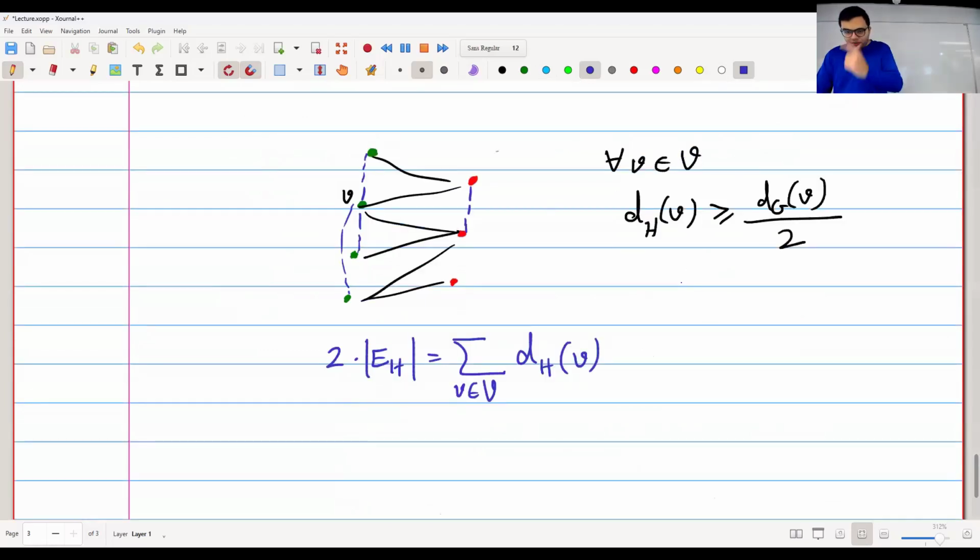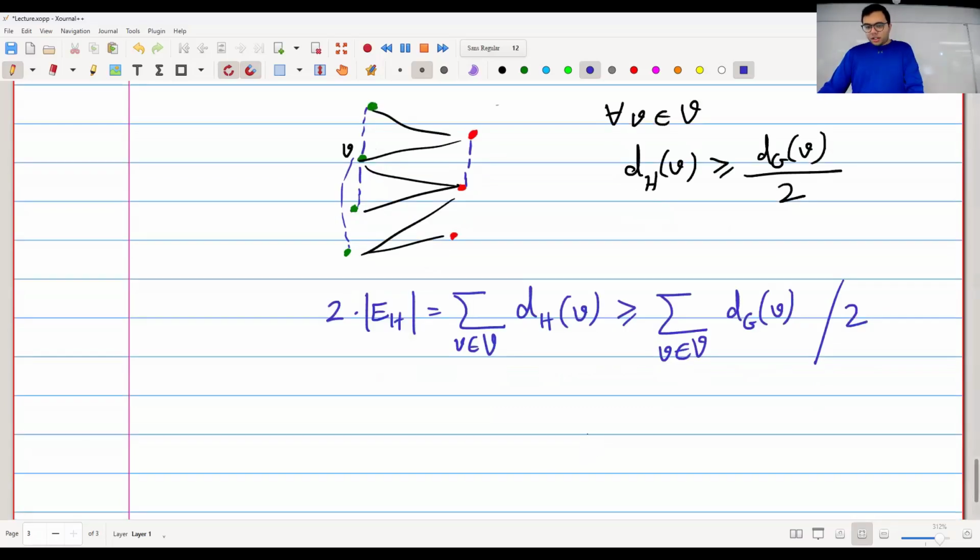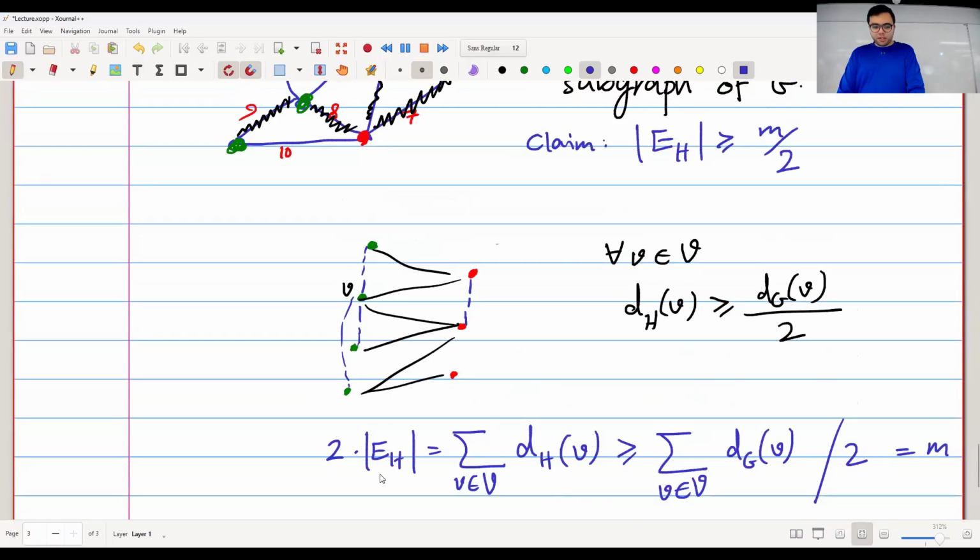But we said that the degree of every vertex in H is at least half of its degree in G. So this is going to be greater than or equal to the sum of the degrees in G of the vertices, all of it divided by 2, right? But what is the sum of the degrees of vertices in G? That's twice the number of edges in G. So it's 2m divided by 2. This is just m, right? So I got that 2 times the number of edges in H is greater than or equal to the number of edges in G, which is exactly what I wanted to prove.